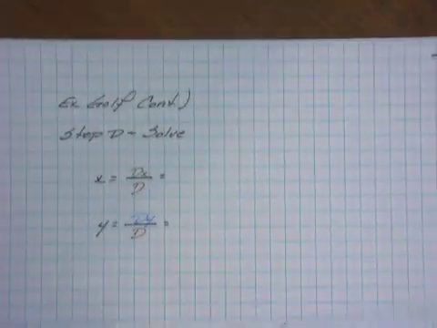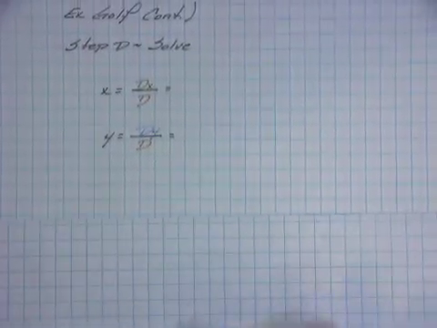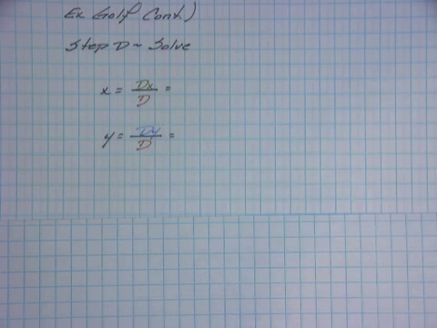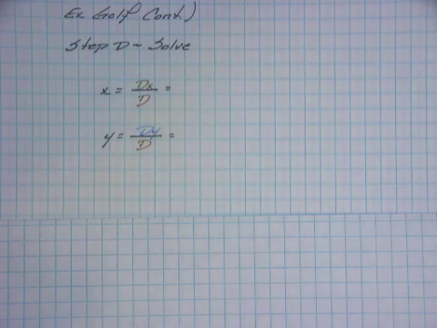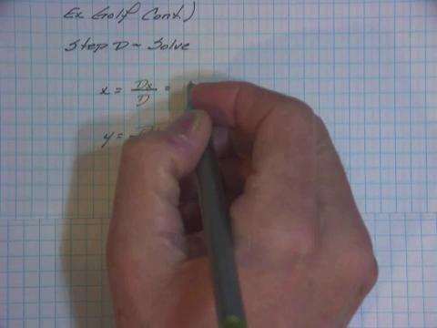Now that we have those, we can just go ahead and solve. So x equals D of x, or the determinant of x, divided by the determinant.